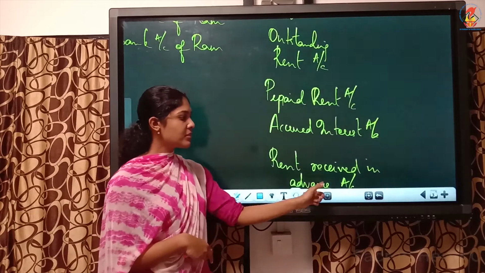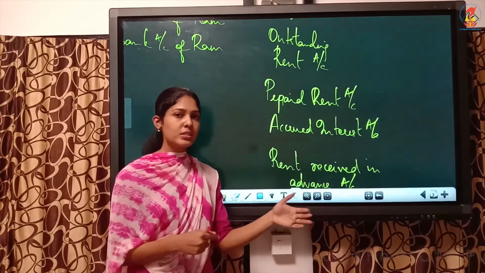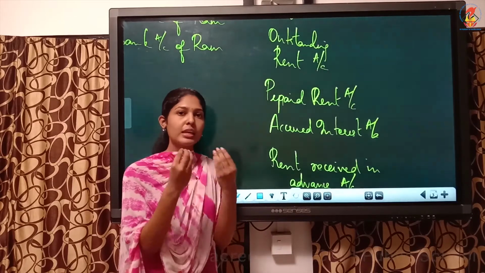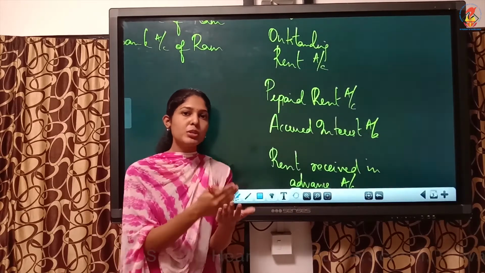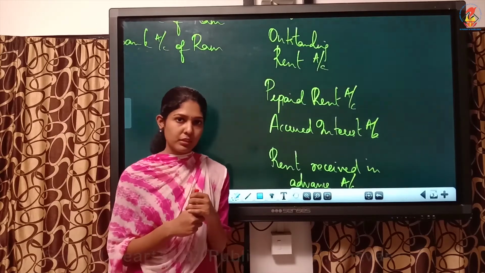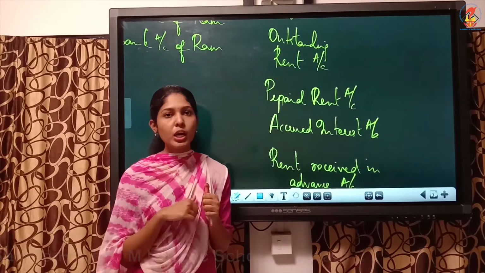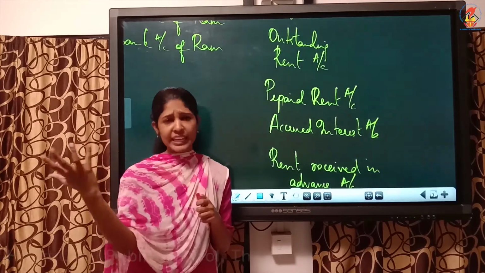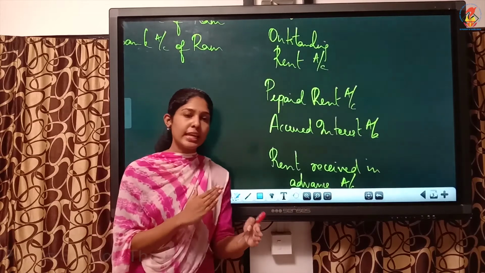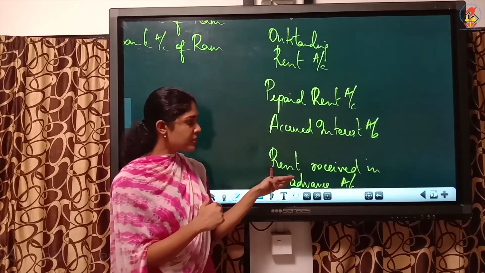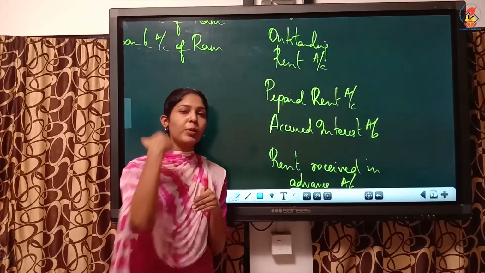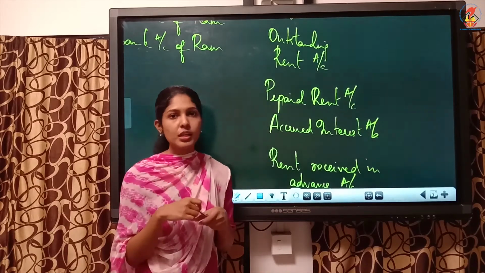Then rent received in advance. In advance means before the date of maturity you are receiving. Like commission, you agreed that commission to be paid only in the next month. But the broker paid commission in advance, 1 month before the date. So you received it in advance. You have a liability to pay it back if that person asks for this amount.